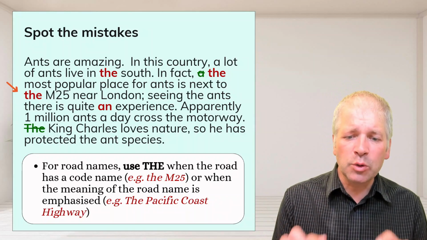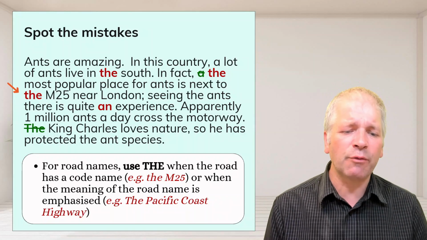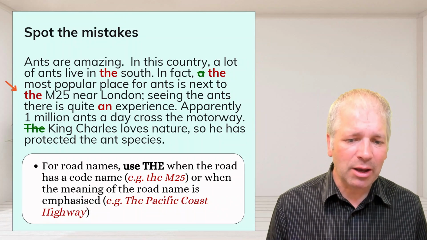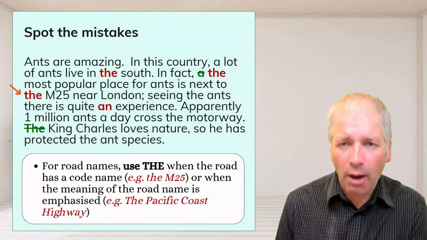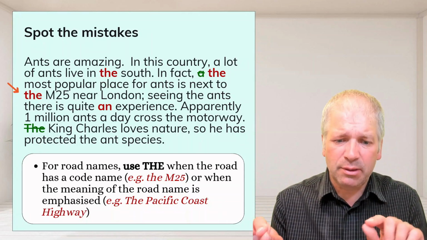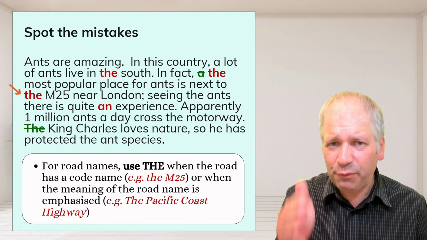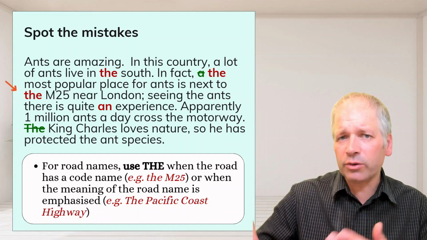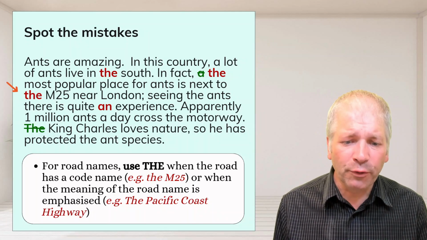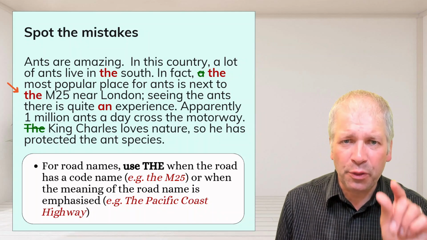We also use the when the meaning of the road name is emphasised. So if I'm looking at the road below in America, the Pacific Coast Highway, the meaning of the road name is emphasised. It's to do with the Pacific Coast. It's not a random word which has no meaning. So often with these kind of roads, we put the into it.